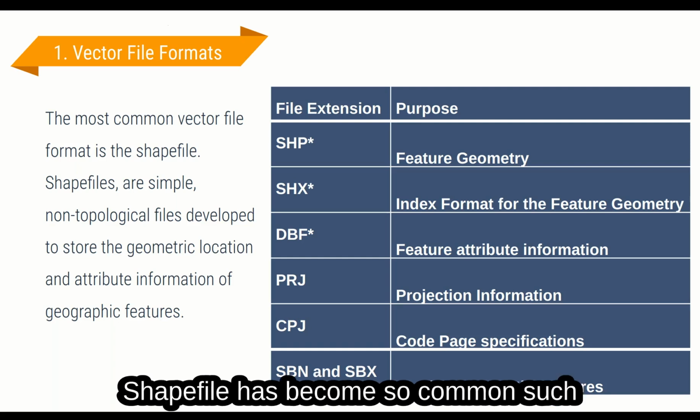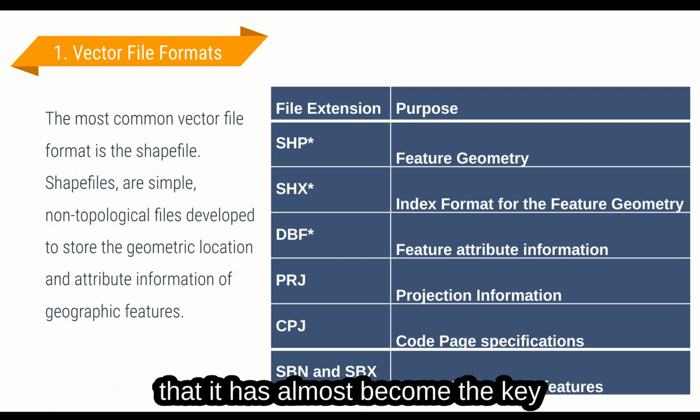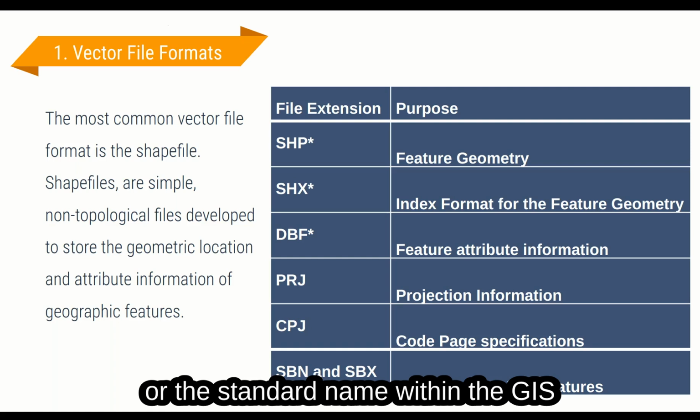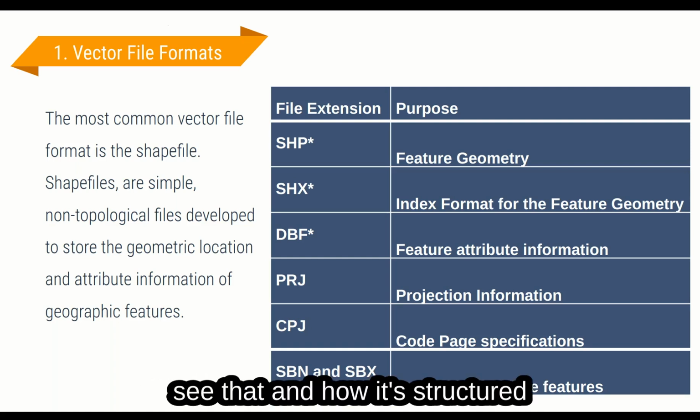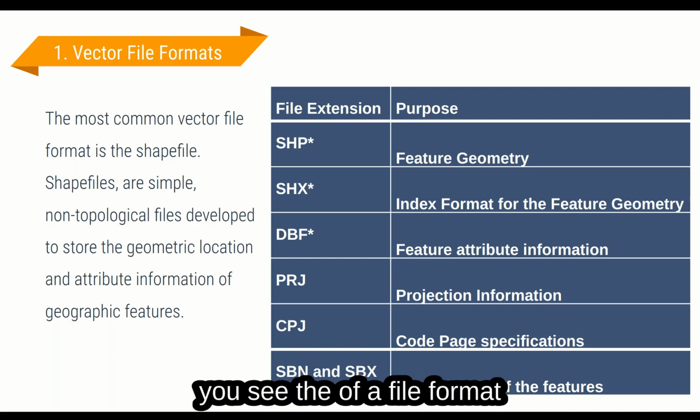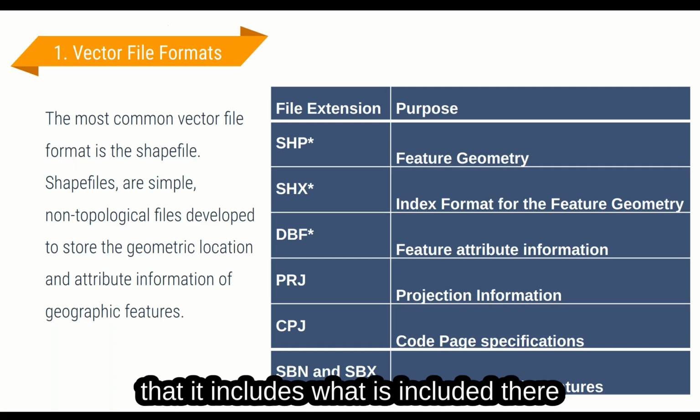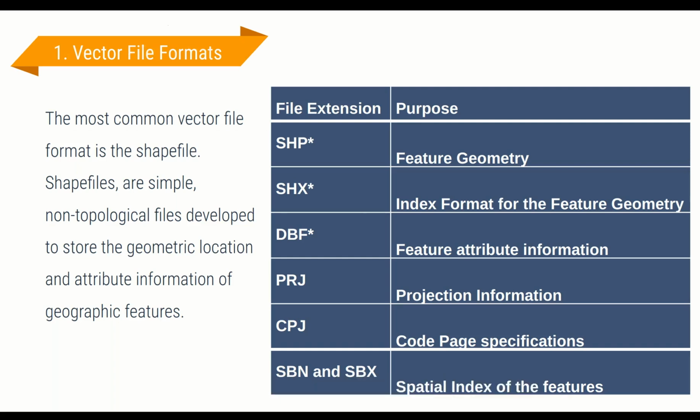So shapefile has become so common such that it has almost become the key or the standard name within the GIS industry, and we'll be able to see that and how it's structured. You see the kind of file format that it includes, what is included there, and how it looks like.